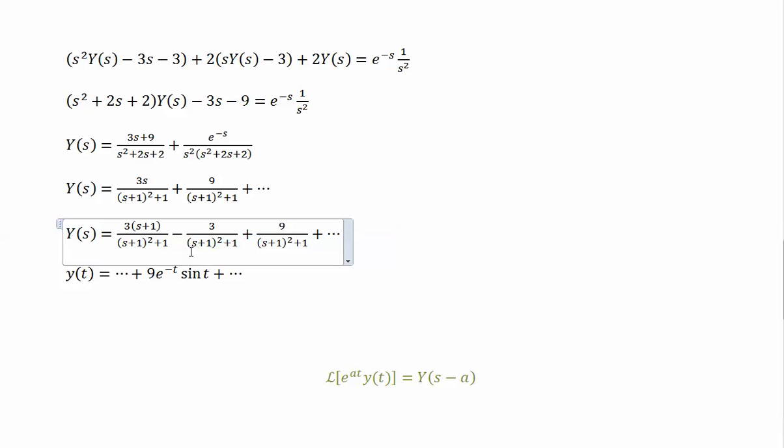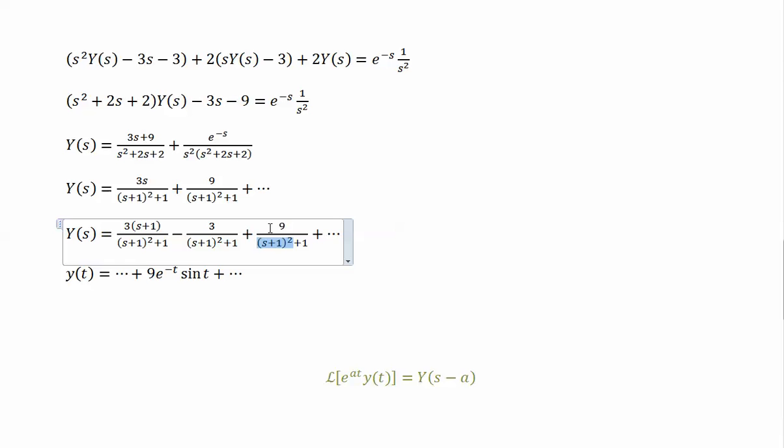And so now, this term is going to turn into a cosine, but with a shift rule applied. And this one is actually, you notice, except for the 3, the same as this one. In fact, if I had dealt with this term first, I would have noticed this, and I could have combined them.